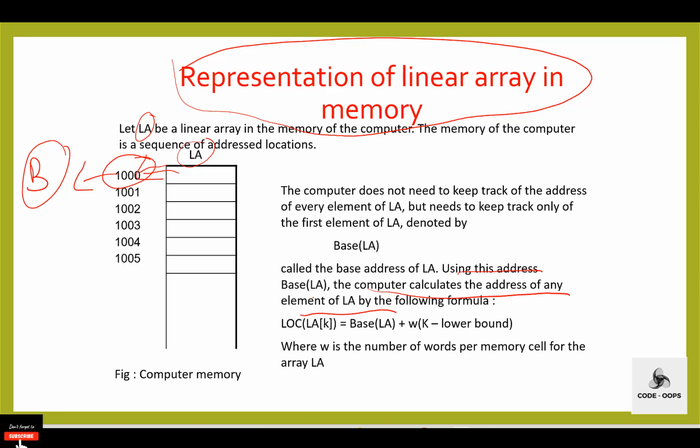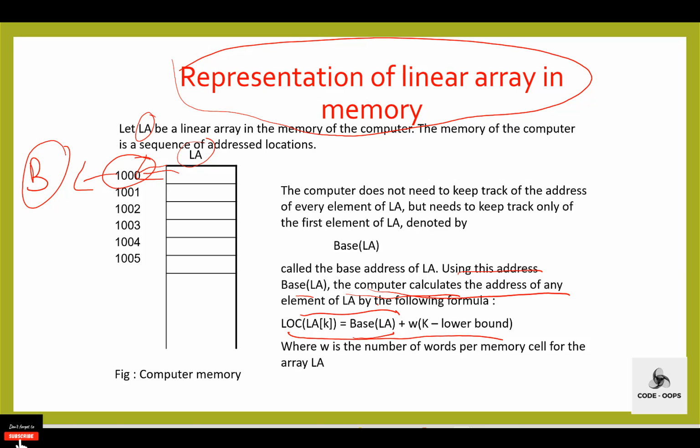Using this base address, the computer calculates the address of any element of array LA by using this formula: LOC(LA[K]) is equal to base(LA) plus W times (K minus lower bound).